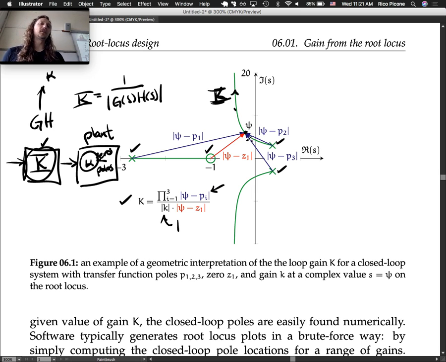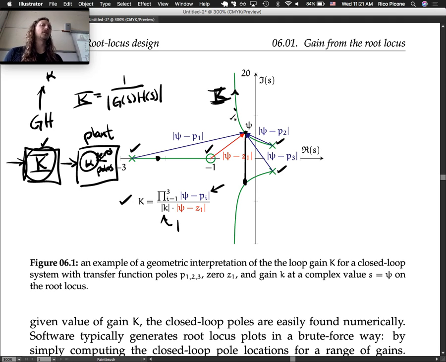There are 3 poles, right? So whenever the gain is whatever it is at this point, say the gain's 5 to get that test point, there's a closed loop pole here. There's also a closed loop pole straight down here too. And then there's also a closed loop pole somewhere in here, right?